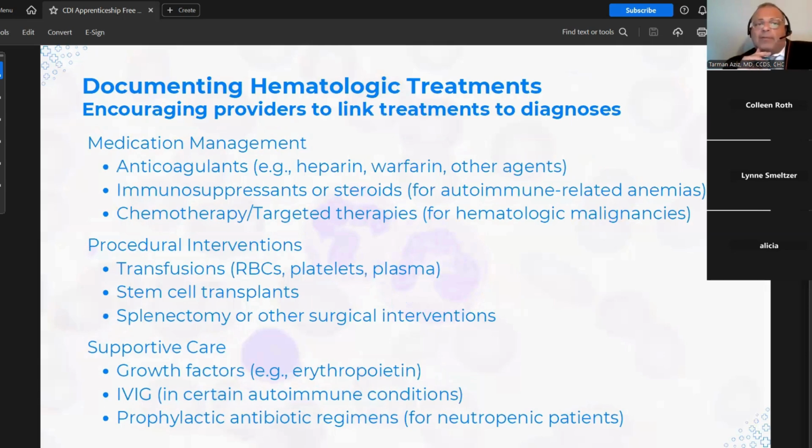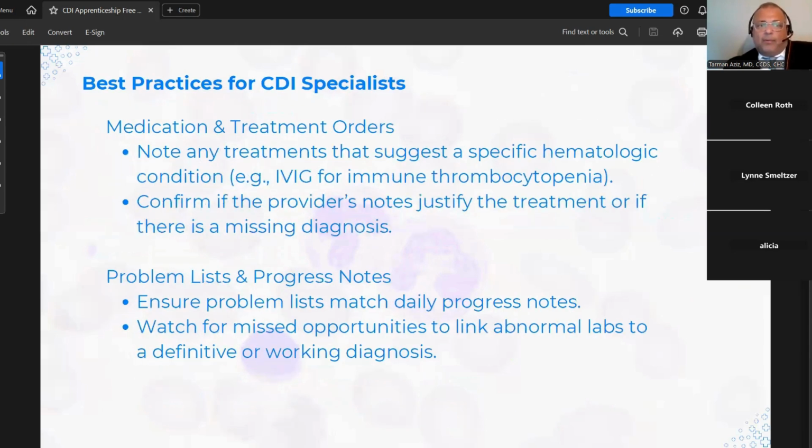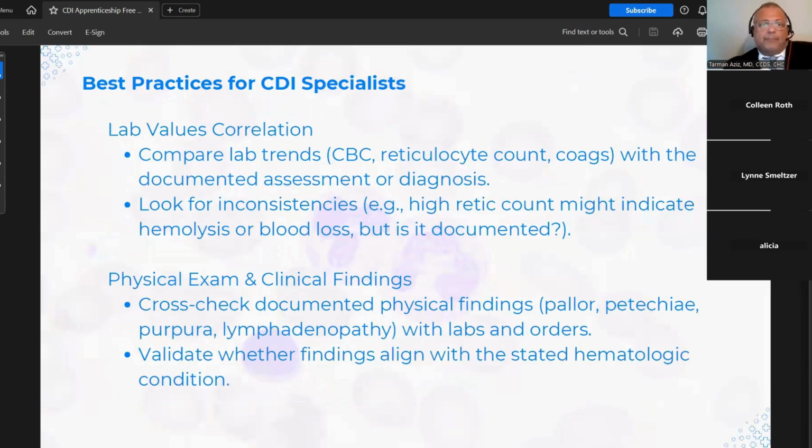We really want to encourage providers, as mentioned in the last slide, to link treatments to diagnoses. So if they're taking any of these, it's particularly important to make sure that that is accounted for.